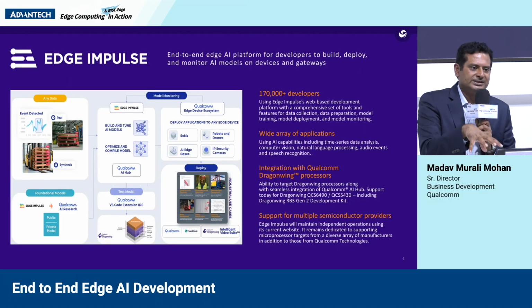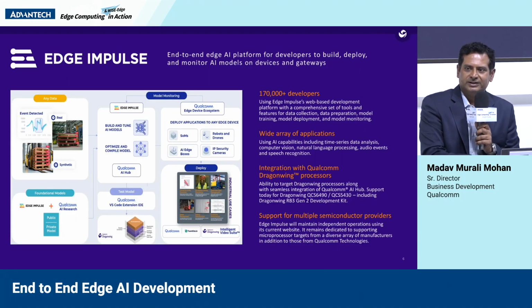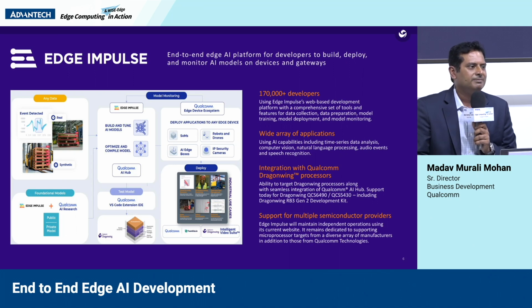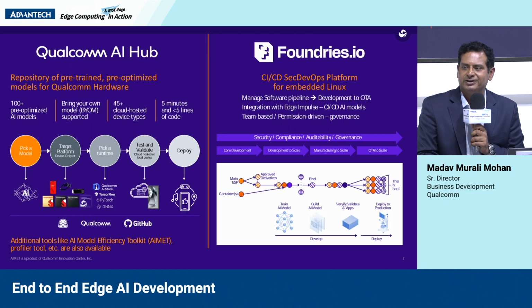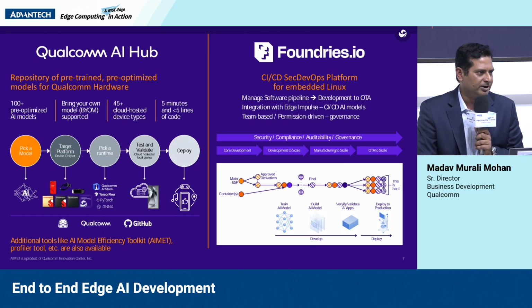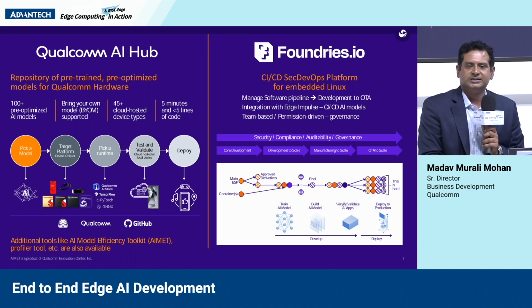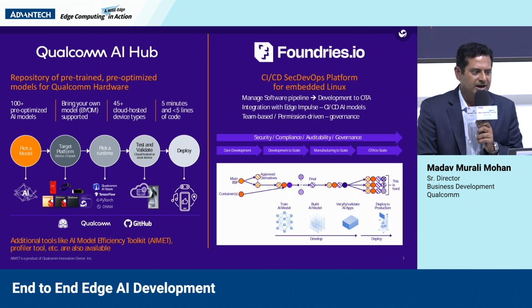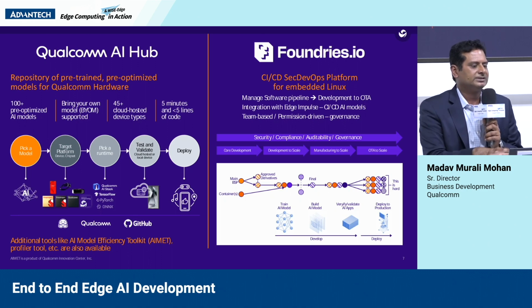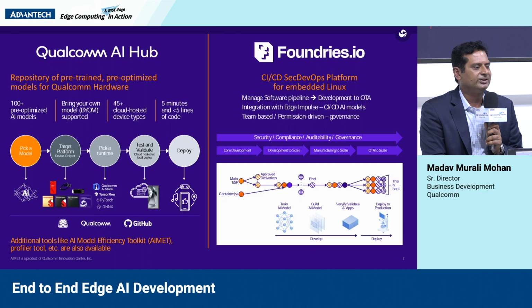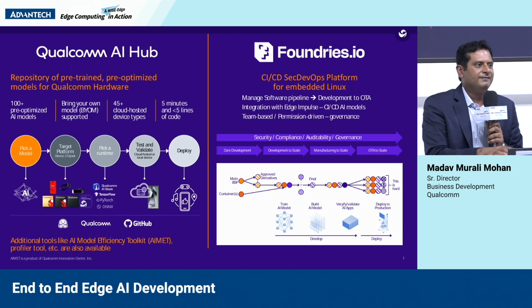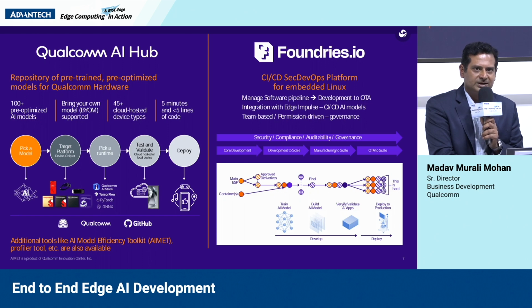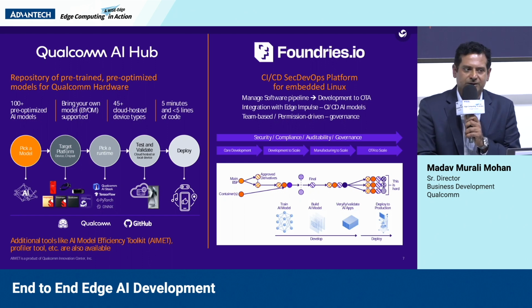Absolutely. As I mentioned, Edge Impulse is the key cornerstone, the key pillar of the tool chain. But we also have two additional complementary tools that are useful for this whole Edge AI development process. The first one is what we call Qualcomm AI Hub. AI Hub is basically a repository of pre-trained, pre-optimized models for the Qualcomm hardware. We have some pre-trained or pre-optimized models, but you can also bring your own model.